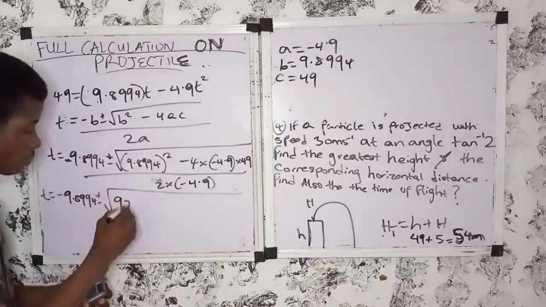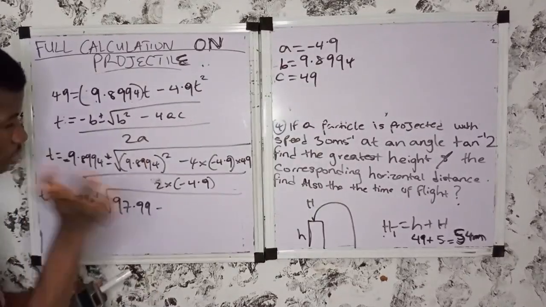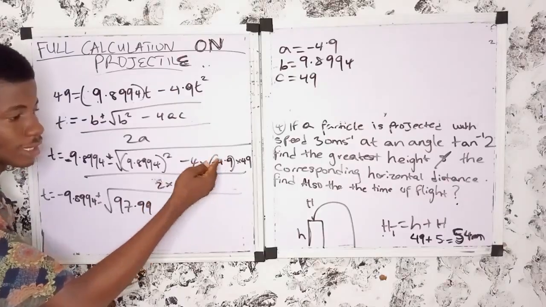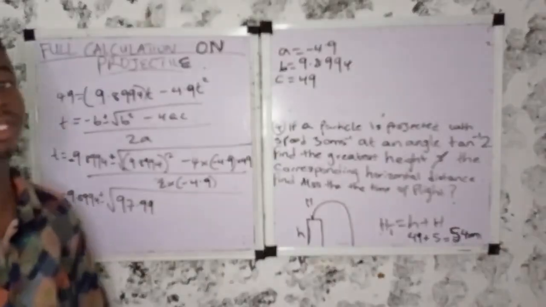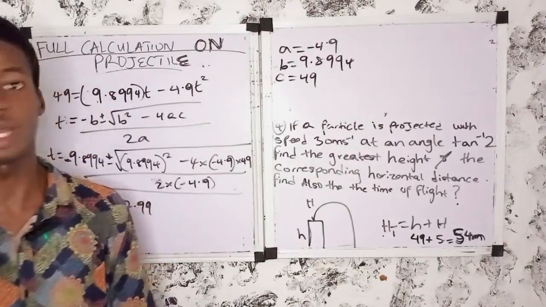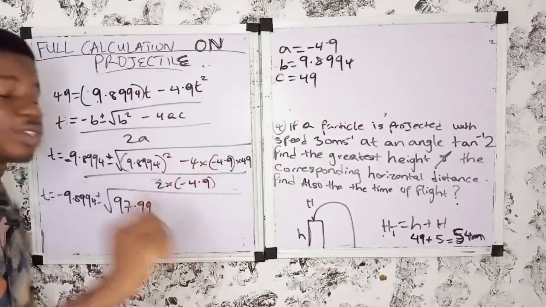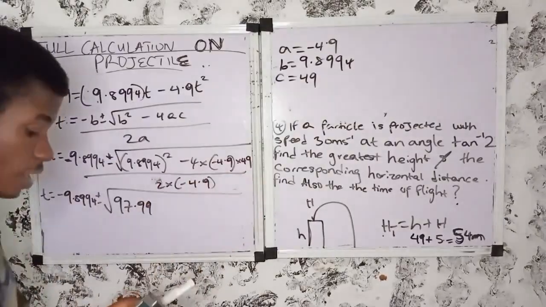Then minus 4 times minus 4.9 times 49. Remember, when a negative number is multiplied by a negative number, it becomes a positive number, so this gives us a positive number.